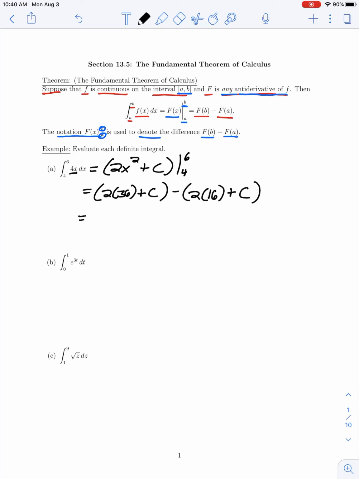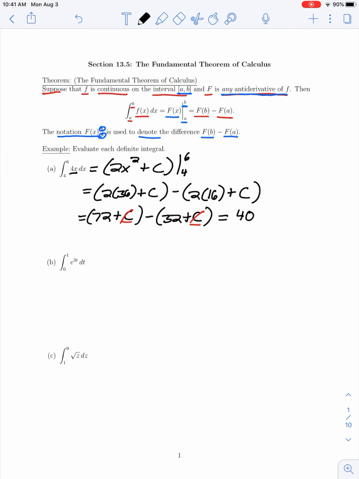So let's simplify this. This is 72 plus c minus 32 plus c. So our 72 minus 32 leaves us with 40. And then notice that our arbitrary constant c, and then when I'm subtracting c, will cancel.